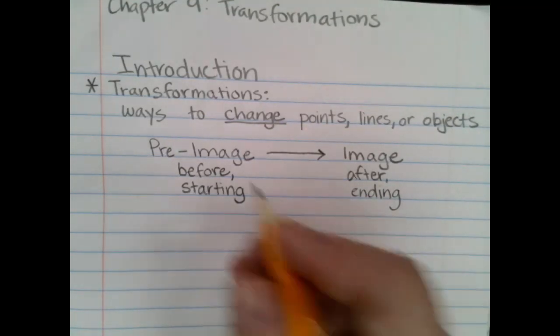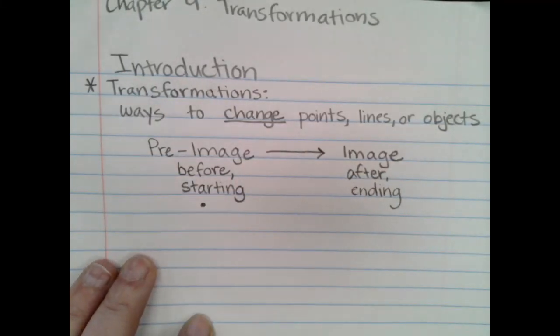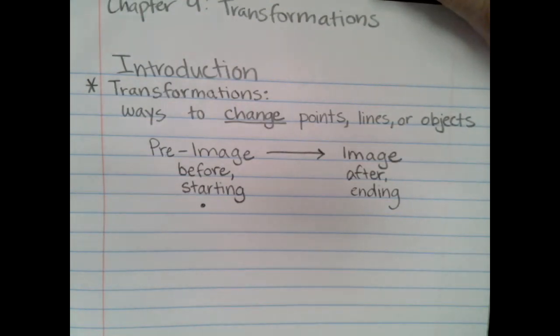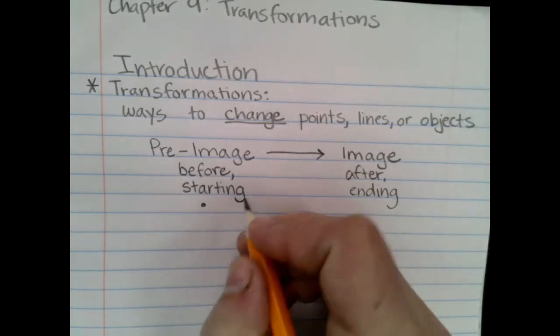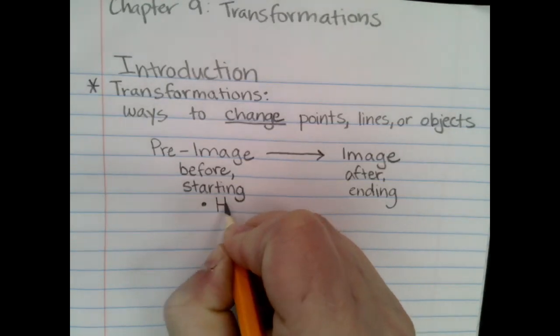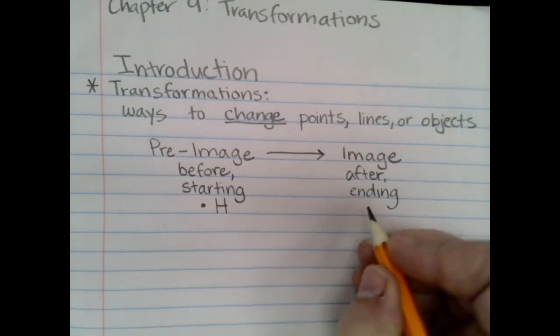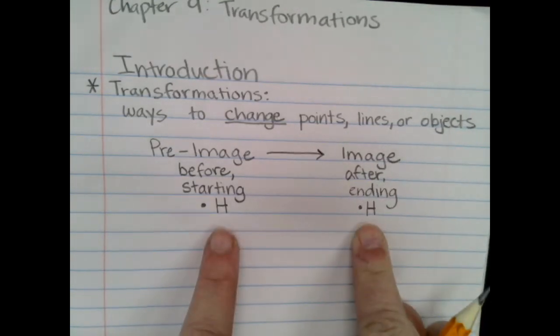Okay, so as we look at this, when we do a pre-image, when we do points, we always use a little dot for a point. And what kind of letters do we use with points? Lowercase or uppercase? Yeah, uppercase. So if I say point H, do an uppercase H here, that's going to be our pre-image. But when we do an image, we're going to say point and then H. We need to let our reader know that these come from each other.